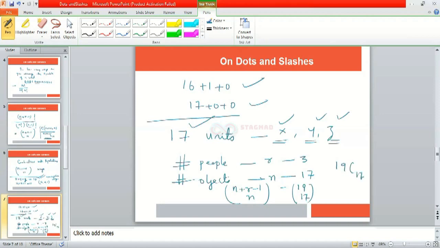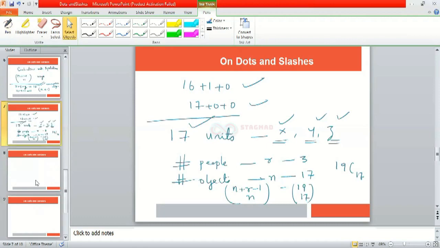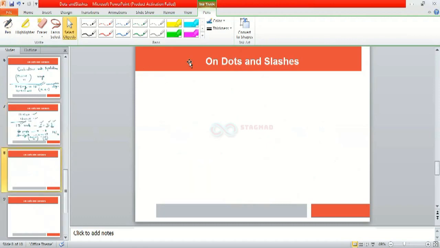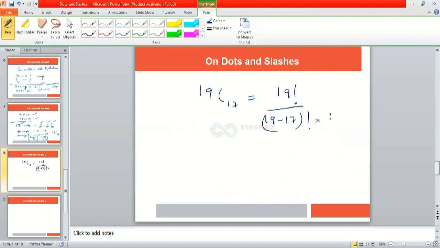Let me do the calculation here. 19C17 equals 19 factorial divided by (19 minus 17) factorial times 17 factorial, which is 19 times 18 divided by 2. 17 factorial cancels out.